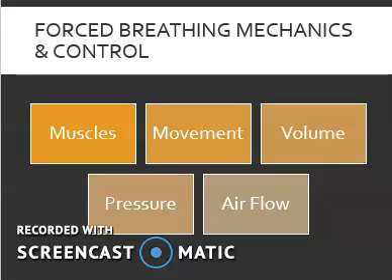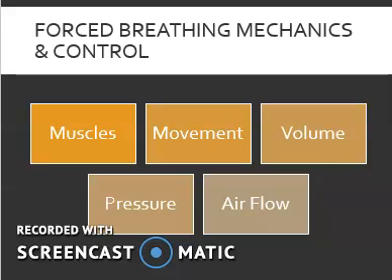As you breathe in, the volume will increase due to your thoracic cavity expanding quite a lot. This will decrease the pressure relative to the atmosphere. The airflow will flow in a lot quicker due to you breathing in more heavily in a shorter amount of time.